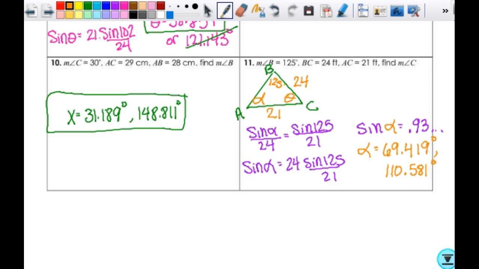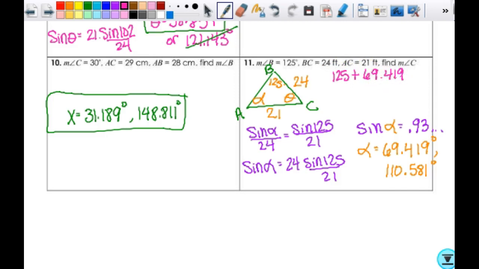So these are the two options. I got to check them to see if they even work. And if they both work, then I move on to find two answers for C. If only one of them works, then I move on to find one answer, whatever. So I'm going to take this 125, and I'm going to add it to 69.419.